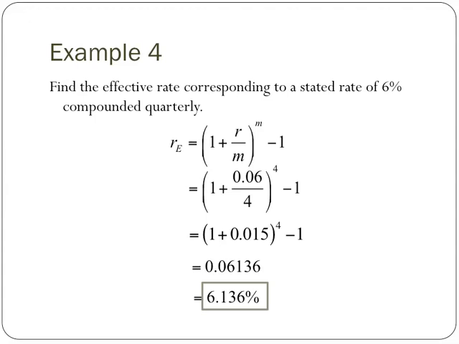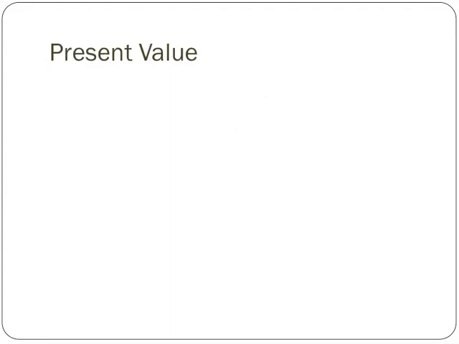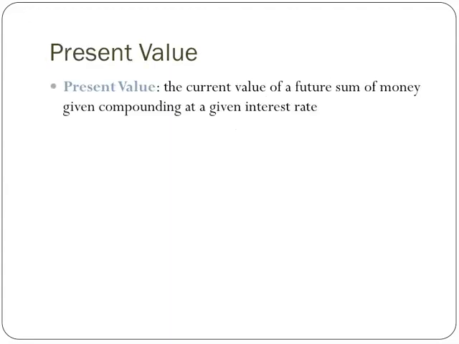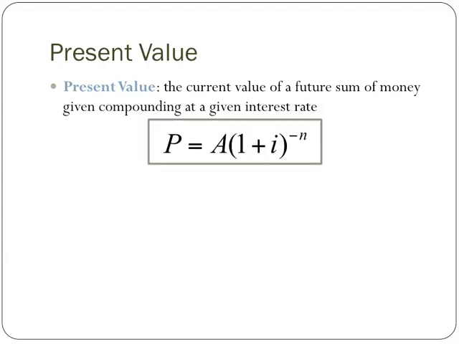Next, we're going to talk about present value. Present value is the current value of a future sum of money given compounding at a given interest rate. So this would be something you would use if you want to find out how much you have to invest in order to attain a certain amount given the interest rate and given the amount of time that you invest this. So here's the formula.